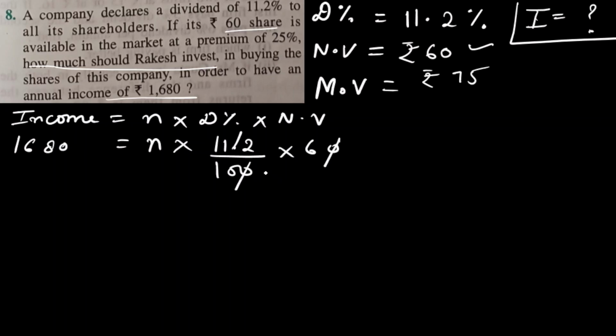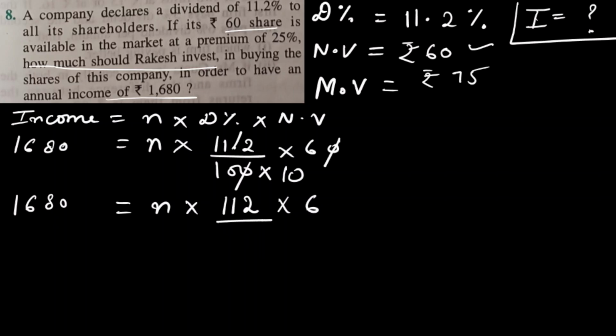Whenever I am removing a decimal from the numerator, this number will go to the denominator. If I am removing it from the denominator, we have to write it in the numerator, right? So I'll write again: 1680 is equal to N into 112, because I removed the decimal, into 6 by 100.